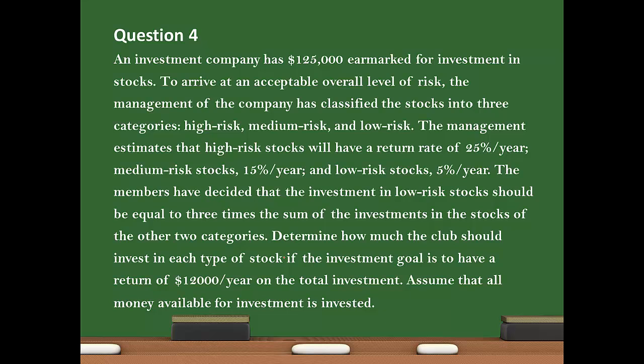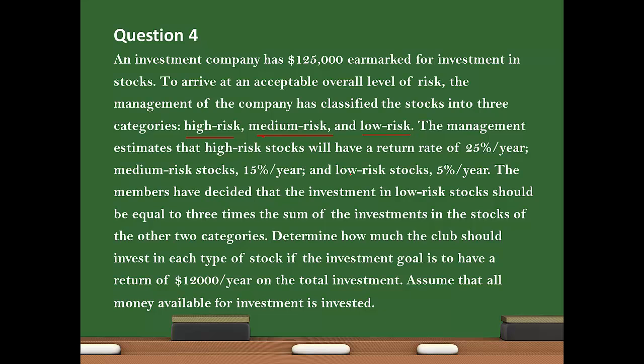Question 4. An investment company has $125,000 earmarked for investment in stocks. To arrive at an acceptable overall level of risk, the management of the company has classified the stocks into 3 categories: high risk, medium risk, and low risk.